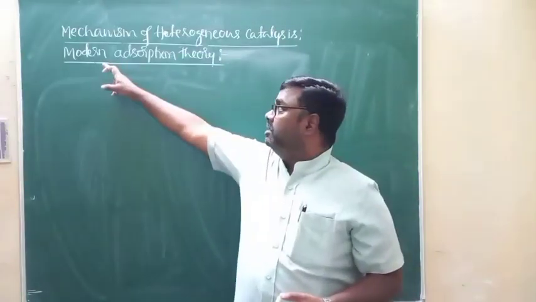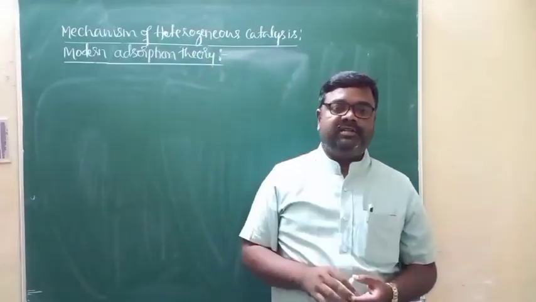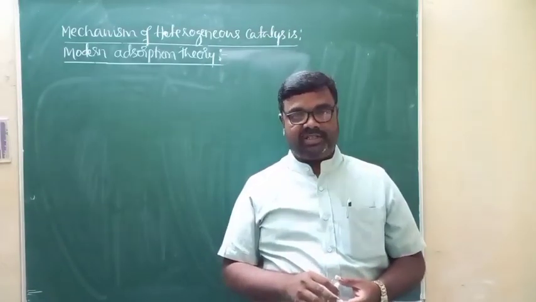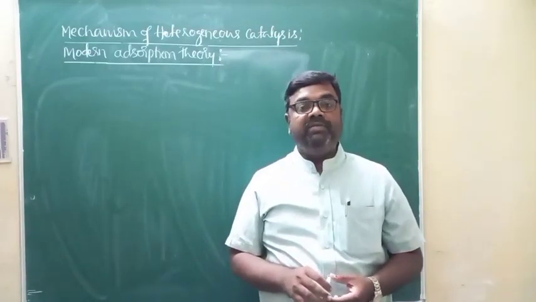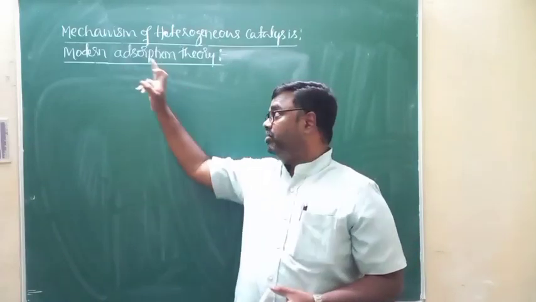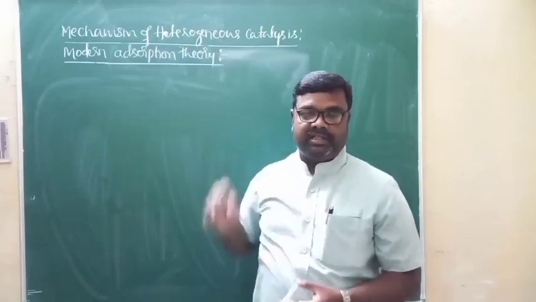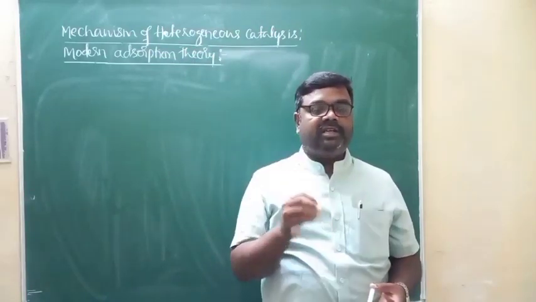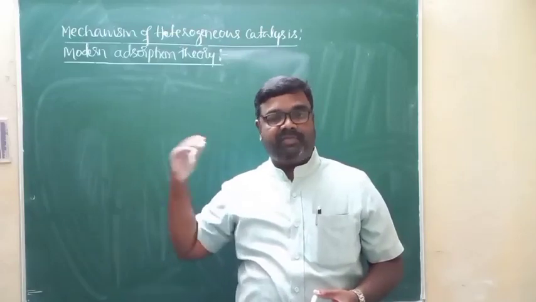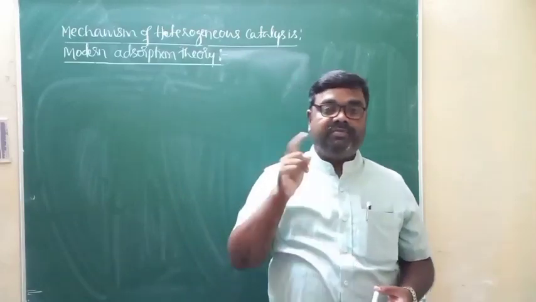As far as the modern adsorption theory is concerned, the catalytic activity is localized on the surface of catalyst due to the presence of free valencies on the surface of catalyst. That means it will be concentrated on the surface of catalyst due to the presence of free valencies.